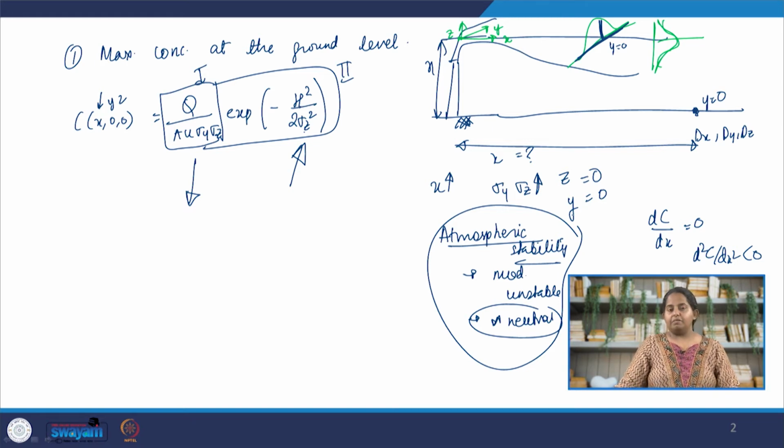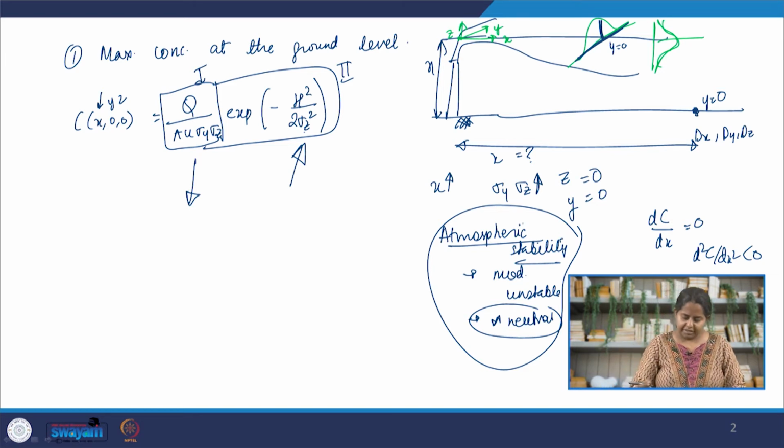We know that sigma y, sigma z have x in them. Now instead of sigma y, sigma z, we are going to write what they represent, so that we get the x and we can differentiate this equation with respect to x. The reason I talked about atmospheric stability is because under a moderately unstable environment and under a neutral environment, sigma y and sigma z have a ratio.